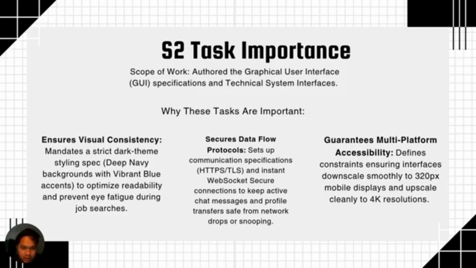Second, secures data flow protocol. Set up communication specifications and instant WebSocket secure connections to keep active chat messages and profile transfers safe from network drops or snooping. Last, guarantees multi-platform accessibility. Defines constraints ensuring interfaces downscale smoothly to 320px mobile displays and upscale cleanly to 4K resolutions.